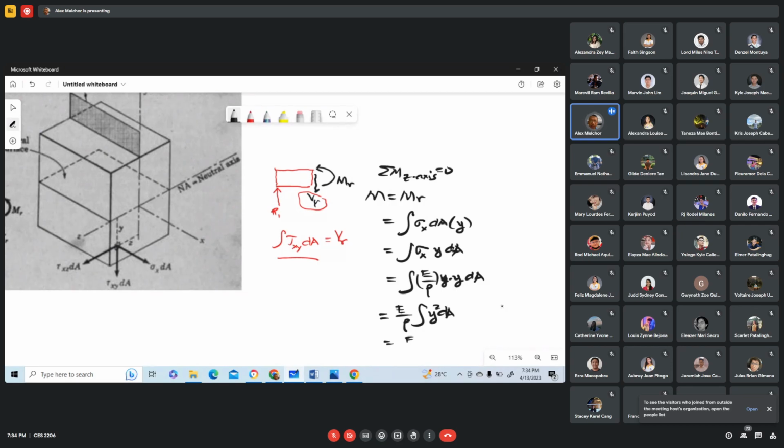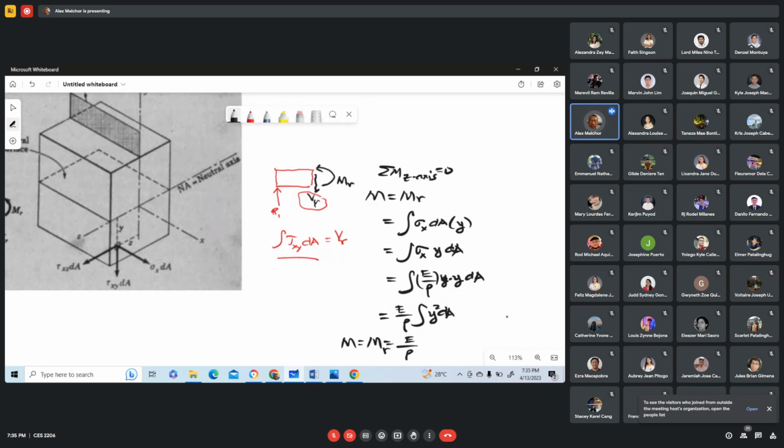And the right side of the equation, so that M sub r, or the bending moment due to the load acting to the left of the section, is equal to the resisting moment, which is equal to E over rho. Integral y squared differential area is the product of the area and the square of the distance.